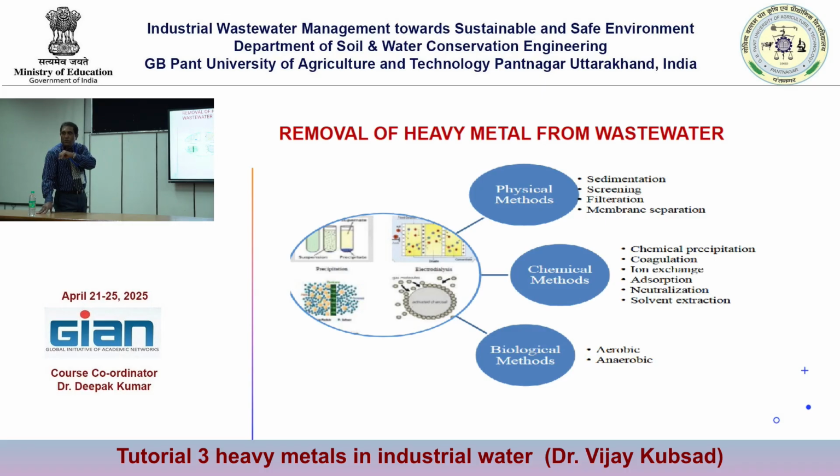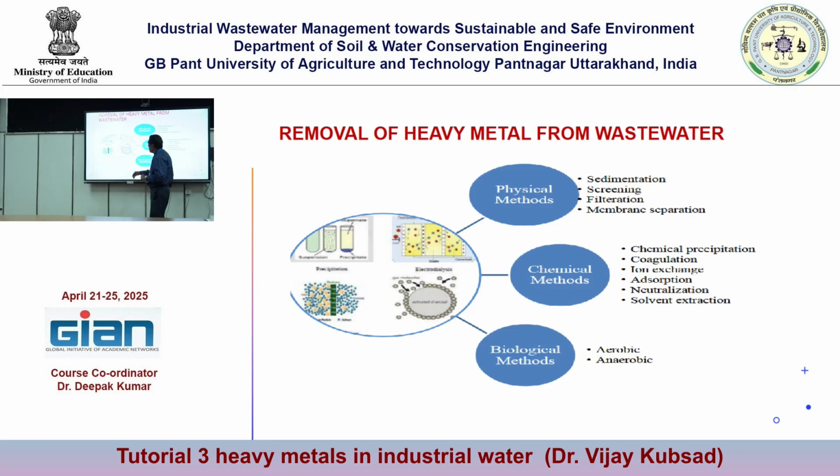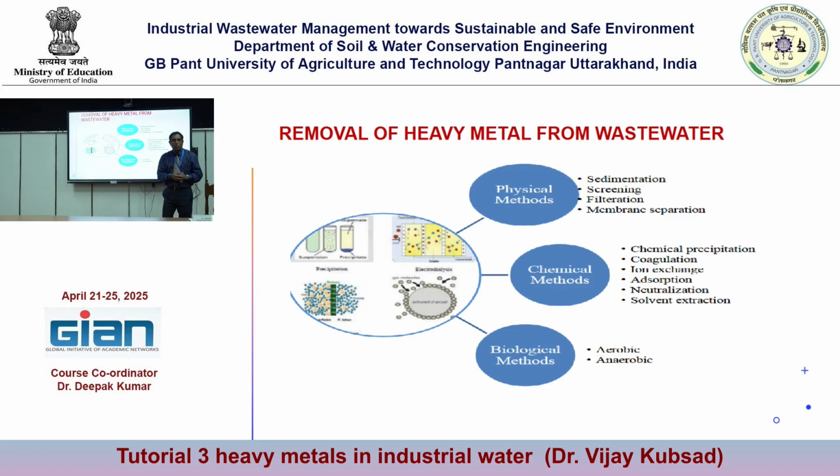We will do chemical precipitation. Many people from chemical backgrounds know all this. Ion exchange, adsorption, right? These are the common methods used to remove contaminants. So I have given a little bit of electrolysis and the precipitation method.